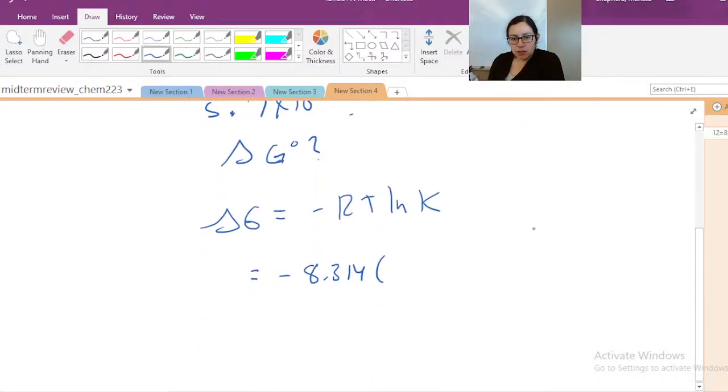So our T should be 303 for Kelvin times natural log of K. And so what do we get for our delta G then?